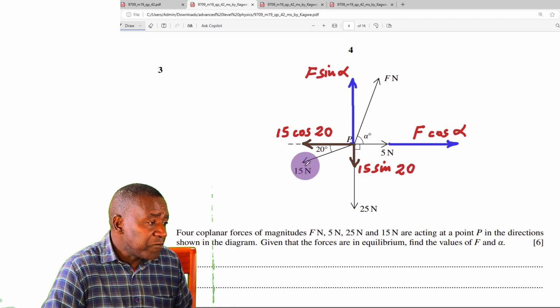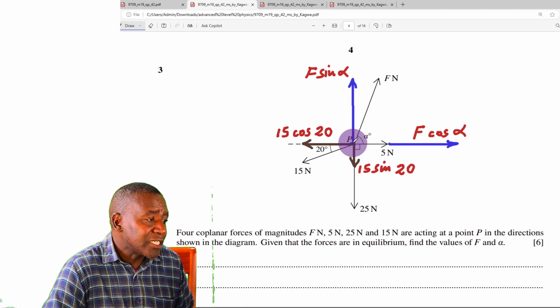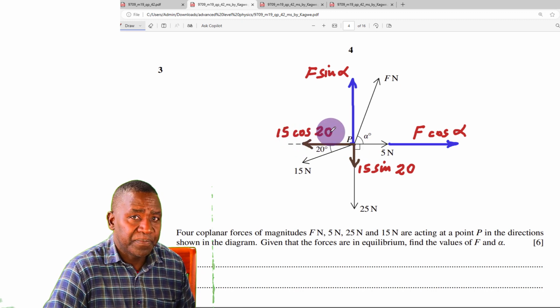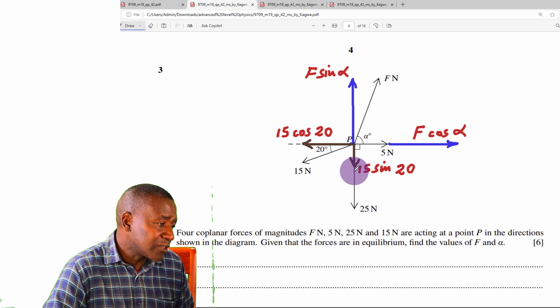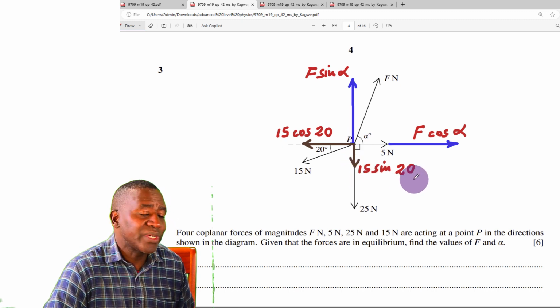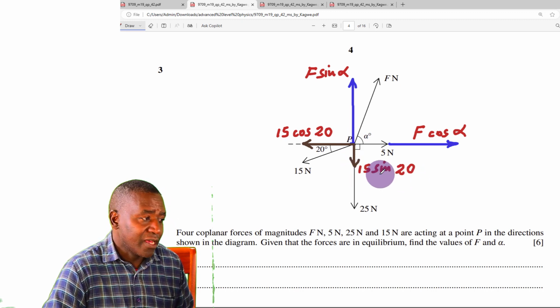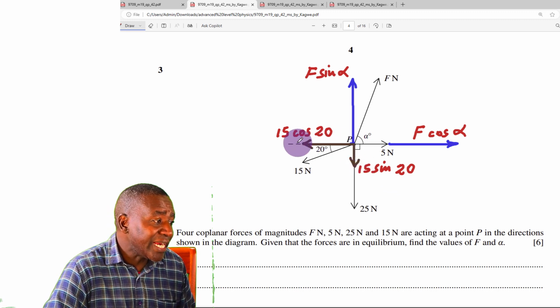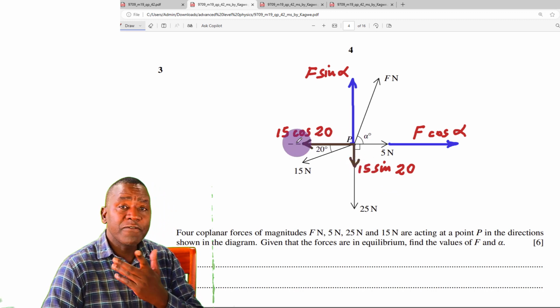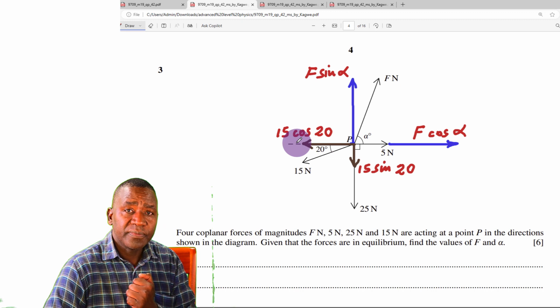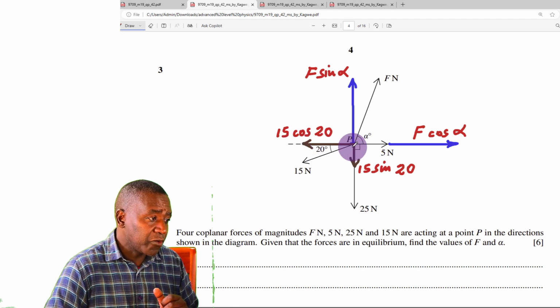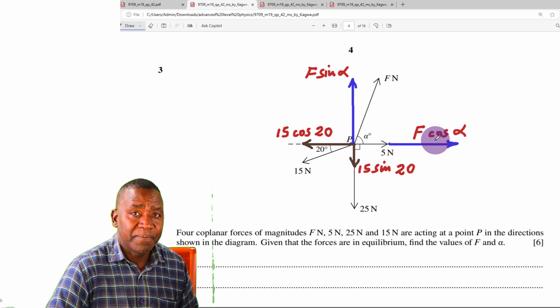When I come to the 15 newton force, I will resolve it in this direction and get 15 cos 20. And then perpendicular to that, I get 15 sin 20. Then the sum of the forces to the left will just be 15 cos 20, while the sum of the forces to the right will be 5 plus F cos alpha.